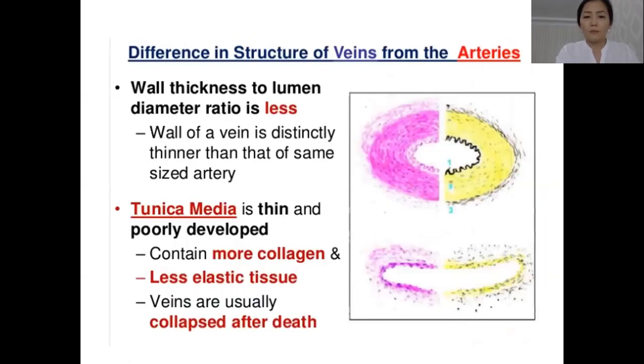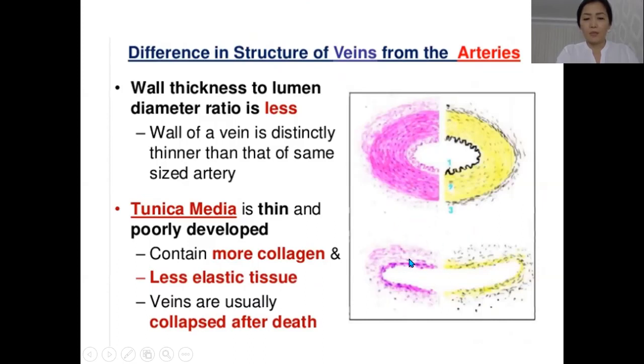Before that, let's talk about the difference in structure of veins from the arteries. Wall thickness to diameter ratio is less. For example, this is an artery, this one is a vein. Generally, the wall of the artery is thicker than the wall of the vein.